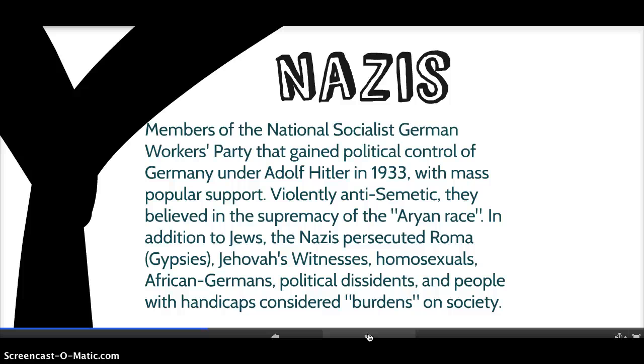They hated Jewish people, and they believed in the supremacy of their race. It wasn't just Jewish people, though, that they hated. They basically hated anybody that was different from them. So they persecuted gypsies, Jehovah's Witnesses, people who were gay, African Germans, people who disagreed with them politically, and people who had handicaps who were considered burdens on society.